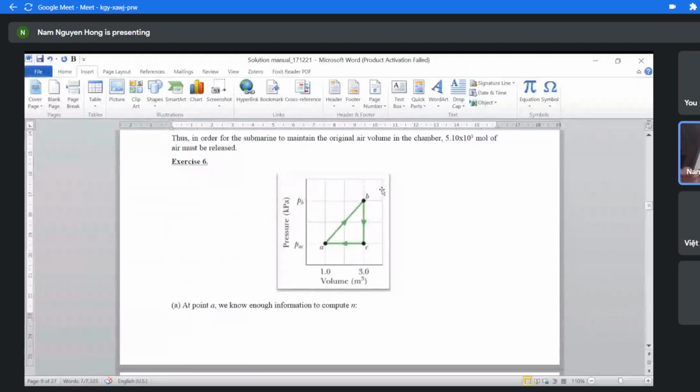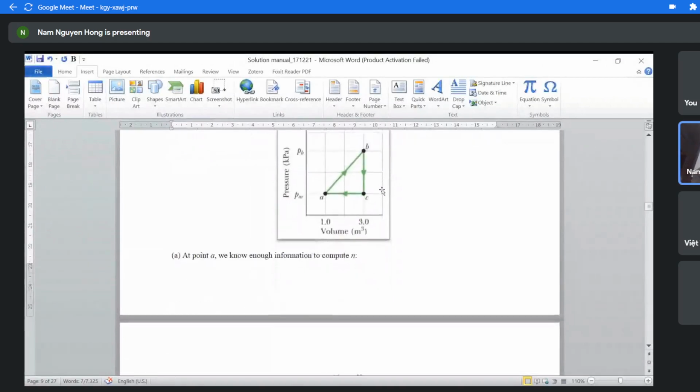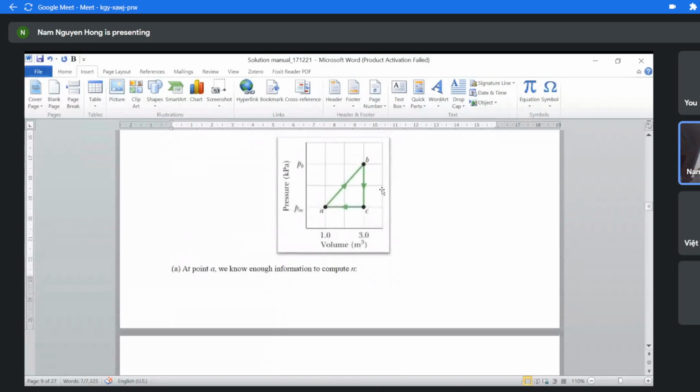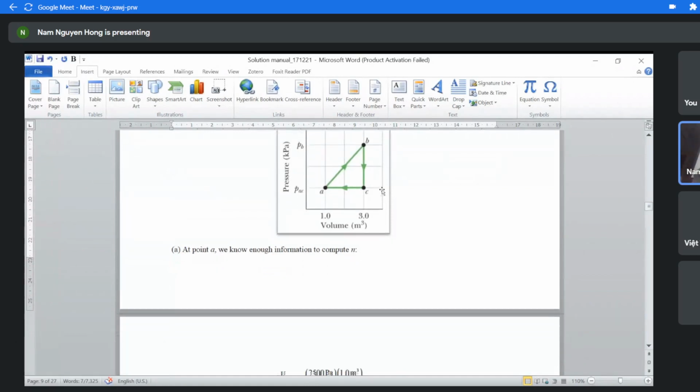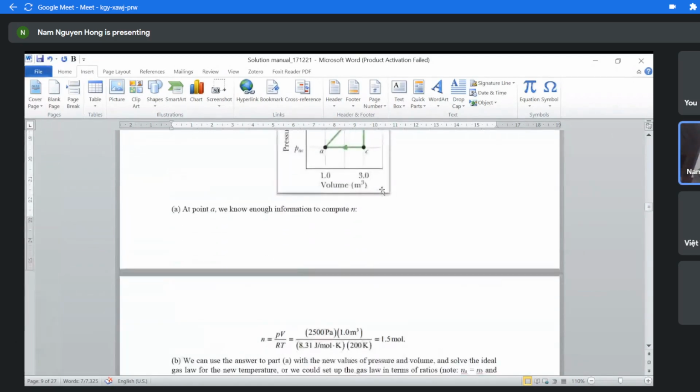Firstly, we need to calculate the number of moles of the gas sample that we use. So if we read carefully, we see that we have enough information to calculate the number of moles of the gas sample at point A using the ideal gas law.